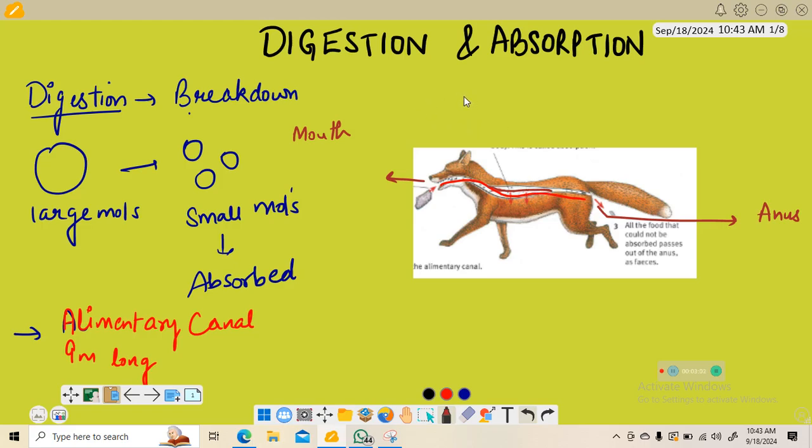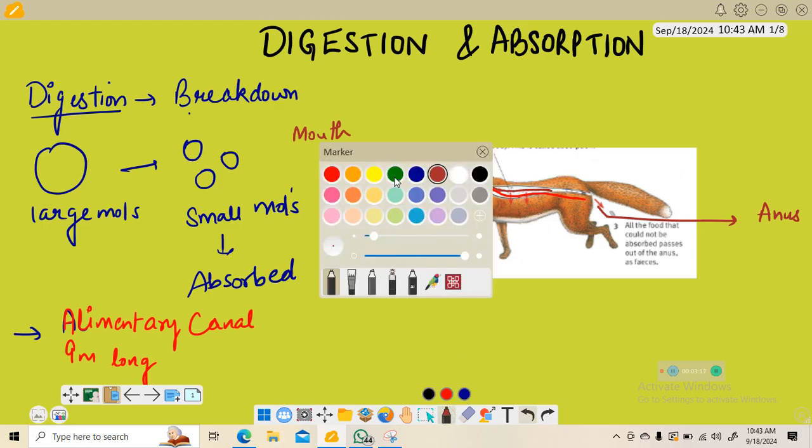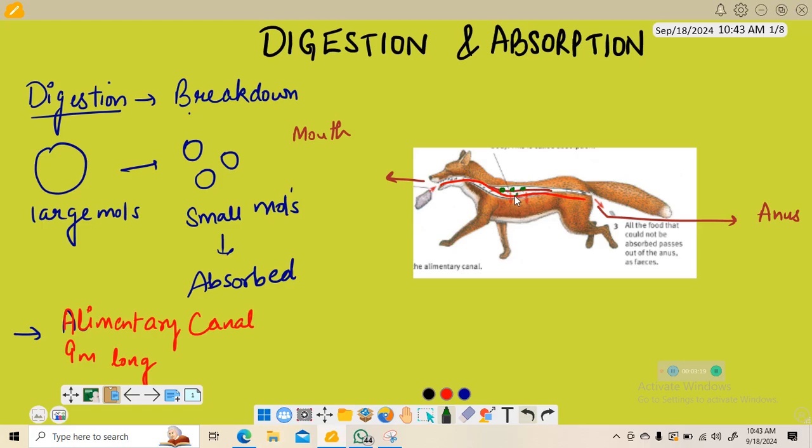Tiny food particles will get out of the canal and come inside the body.